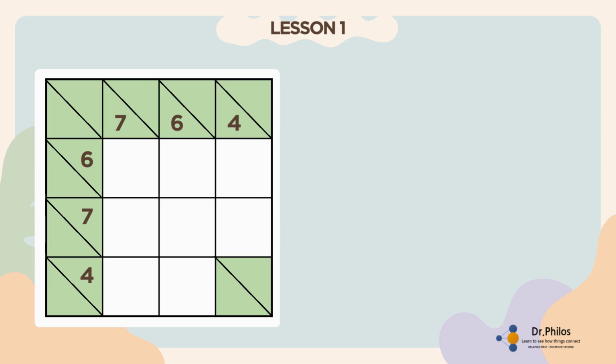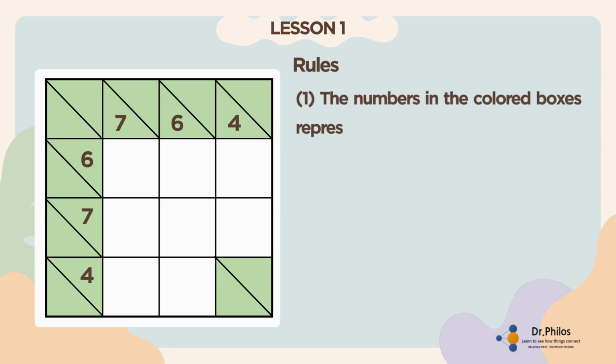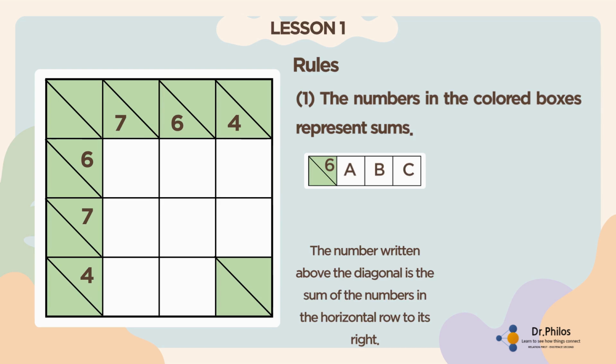Fill in the blanks with the correct numbers according to the rules. The numbers in the colored boxes represent sums. The number written above the diagonal is the sum of the numbers in the horizontal row to its right.